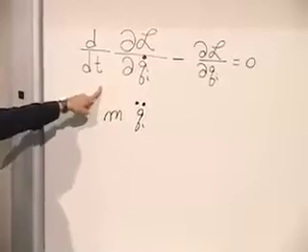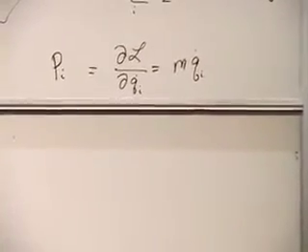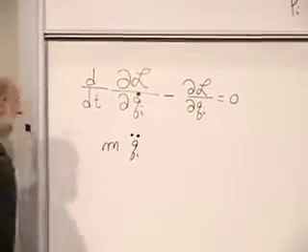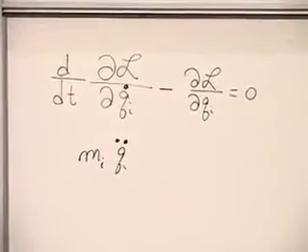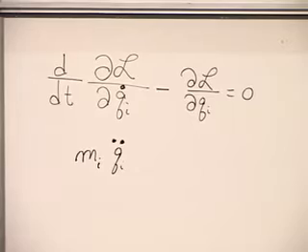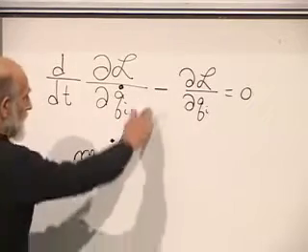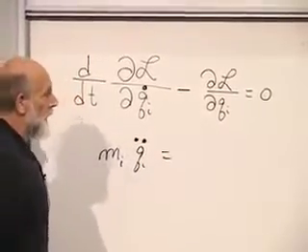An extra derivative here, and that's, of course, mass, m sub i, thank you, m sub i q sub i double dot. What is that? That's mass times acceleration of the ith particle, for example. And that is equal to, let's put this on the right-hand side, dL by dq sub i.